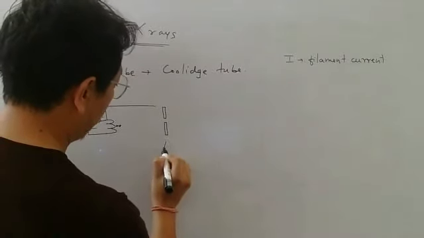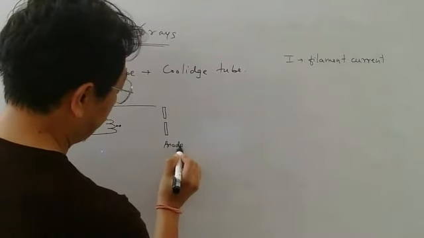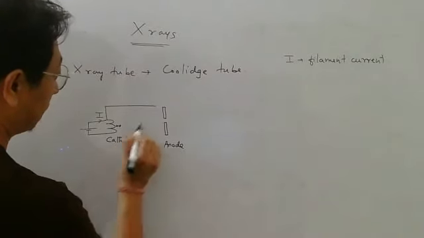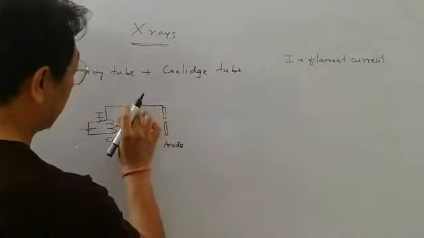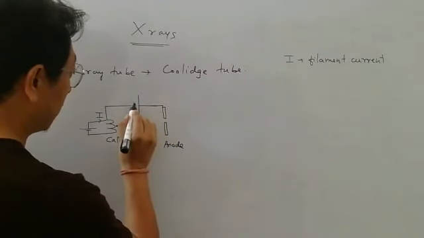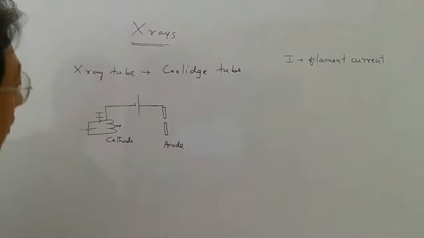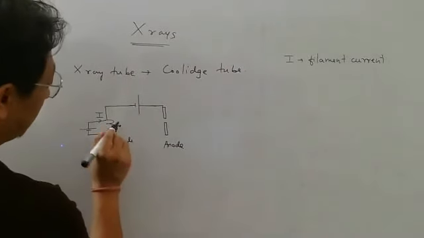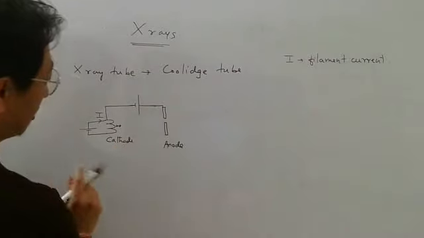this is your anode and this is your cathode. So we will connect the anode to positive potential, higher potential. Okay. So what will these electrons experience? They will experience an electrostatic force.